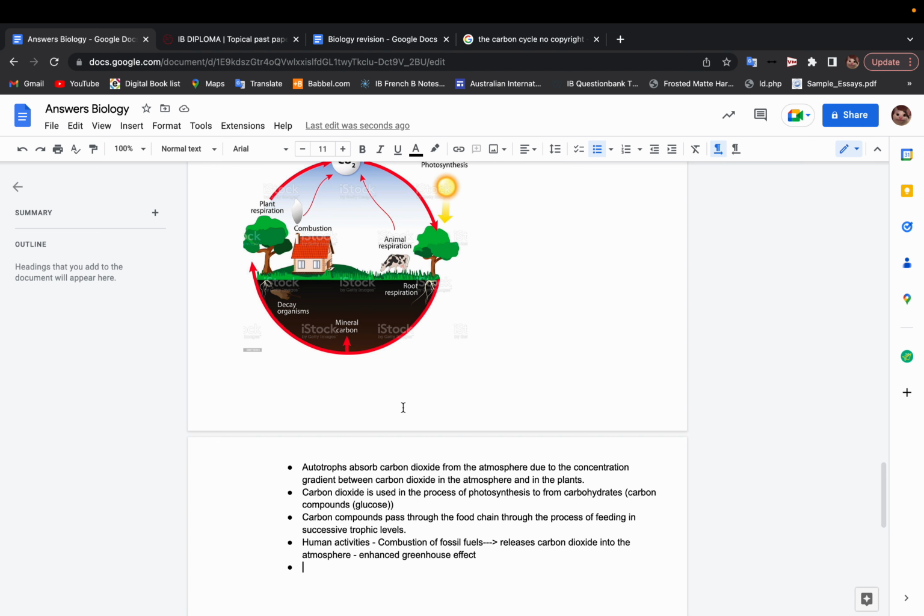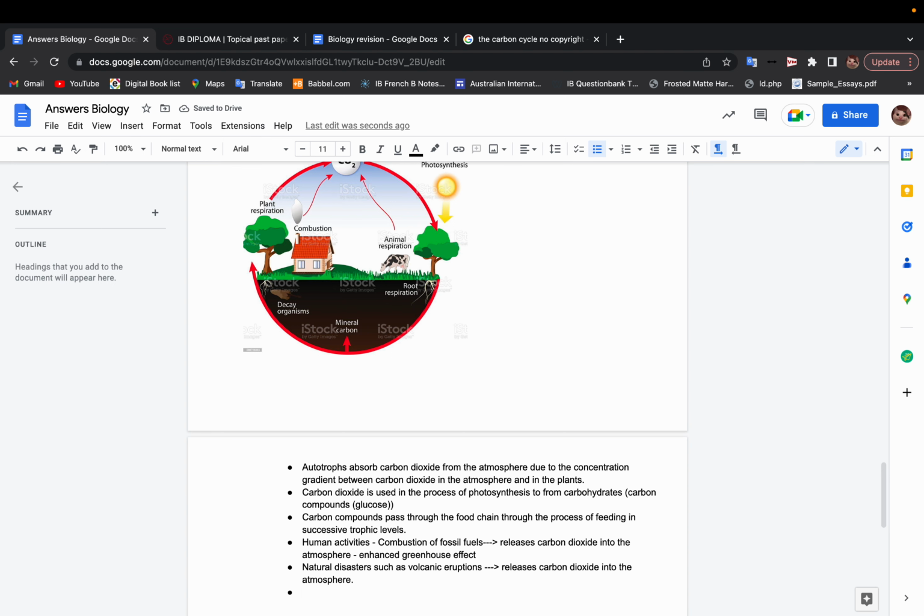We can talk about natural disasters, such as volcanic eruptions, which releases carbon dioxide into the atmosphere.